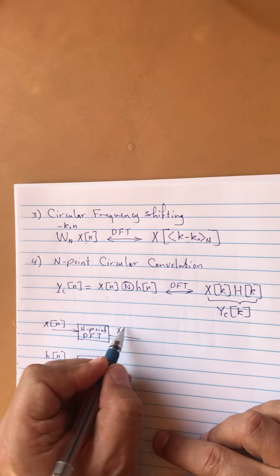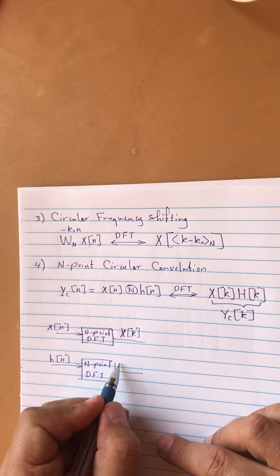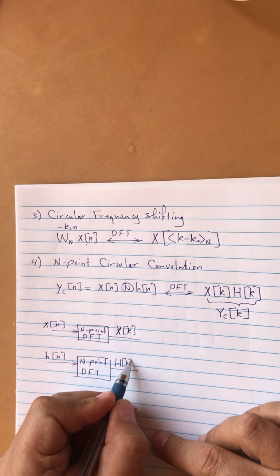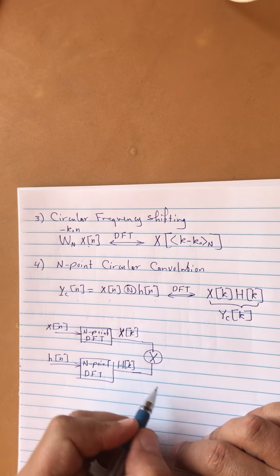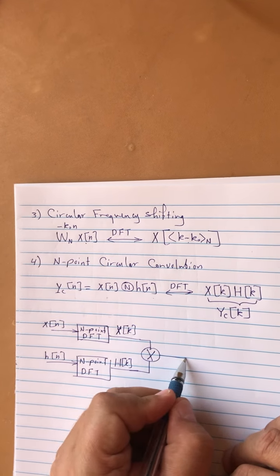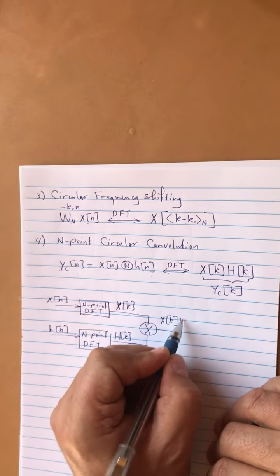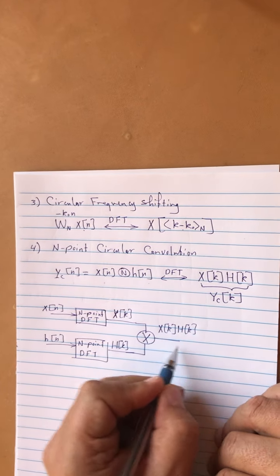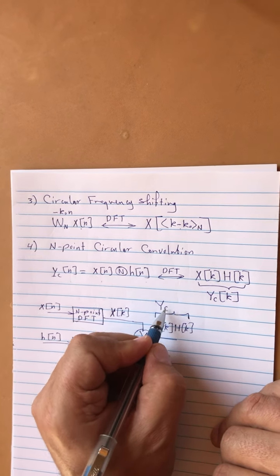So you will get here X of k, and here you will get H of k. Take those two and multiply them together. You get here X of k times H of k. All right, so this is Y_c of k.